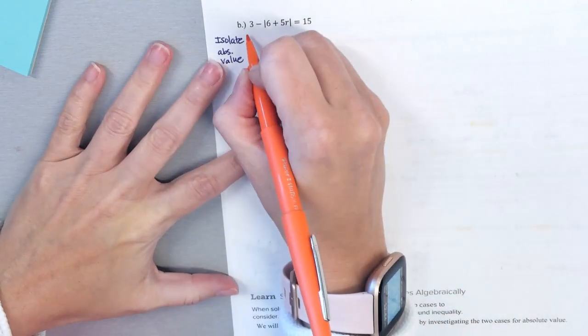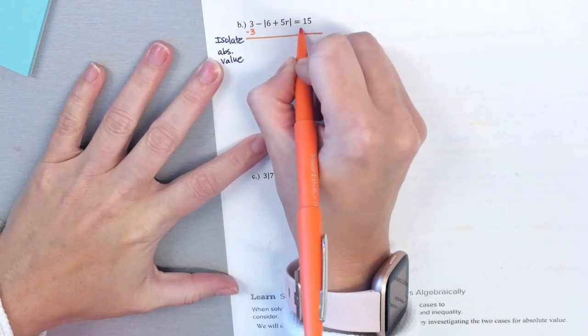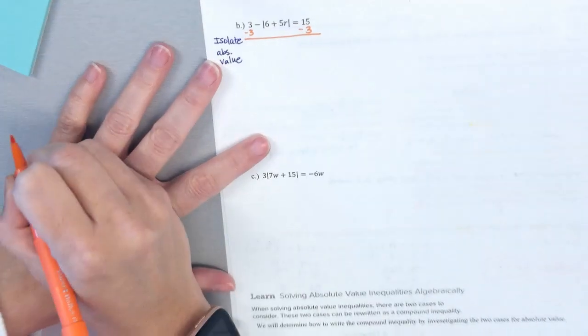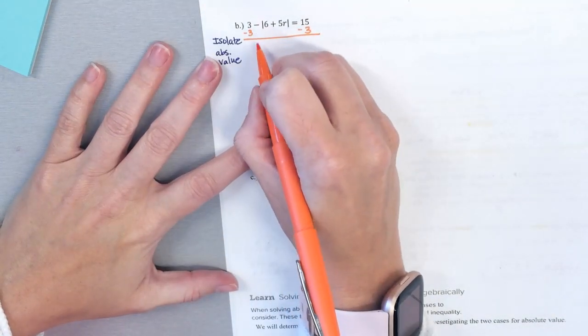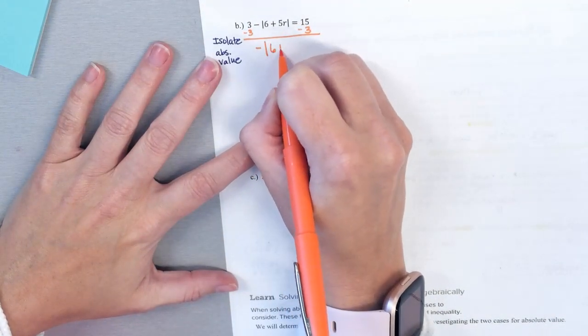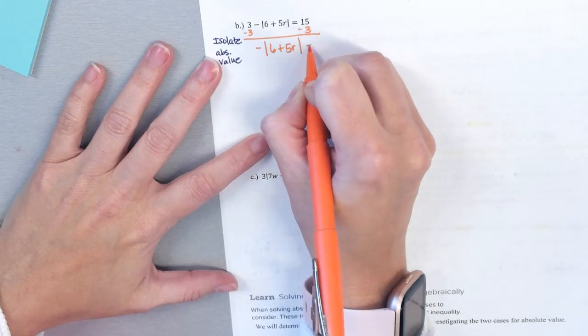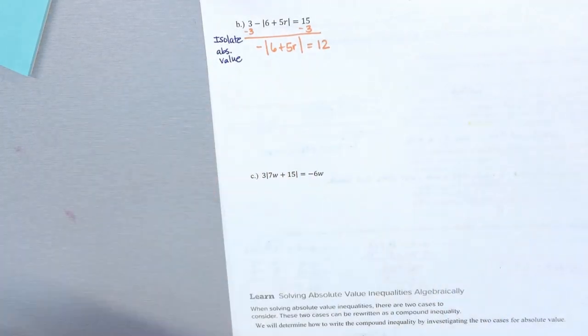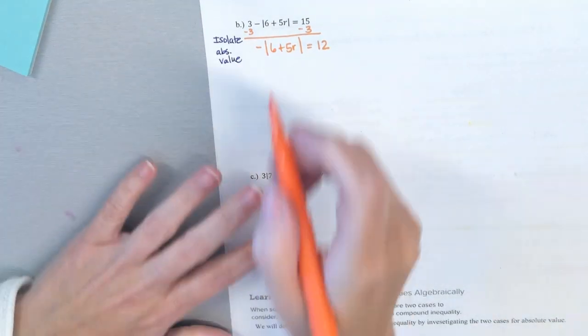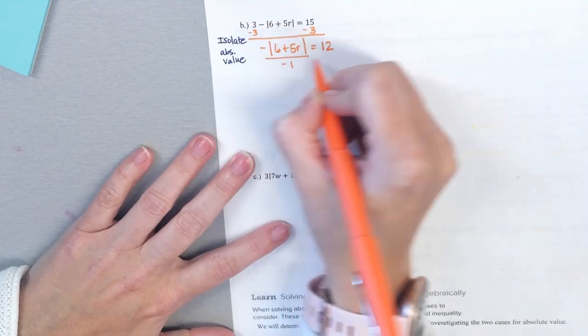The first thing we're going to move over is this 3 by subtracting it. Don't forget you have that negative still in front. And then to undo that negative in front, you will divide by -1.